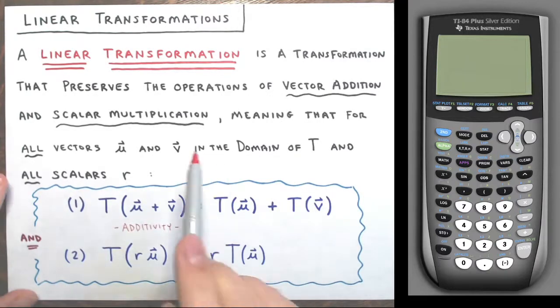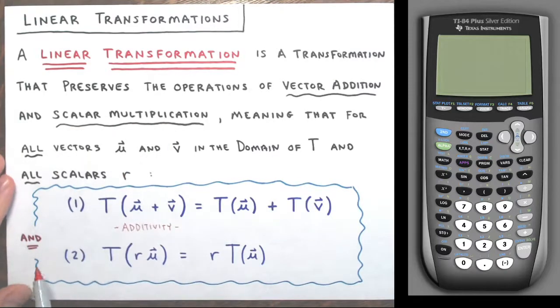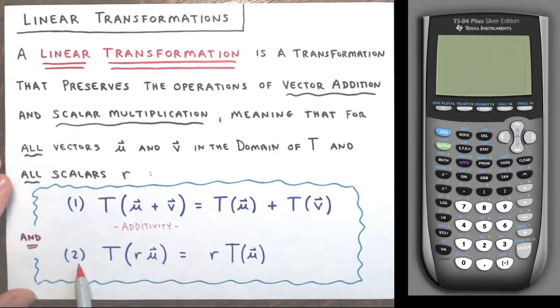And it also preserves scalar multiplication. So this is also going to be true if a transformation is to be called linear. The output for ru, scalar times vector u, is going to be equivalent to that same scalar times the image of u. So the image of ru is r times the image of u.